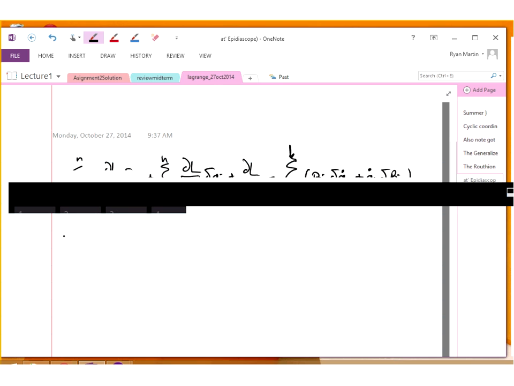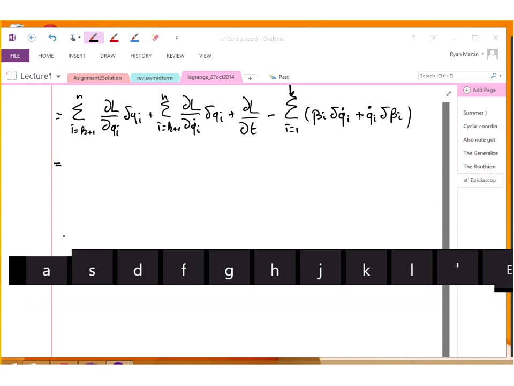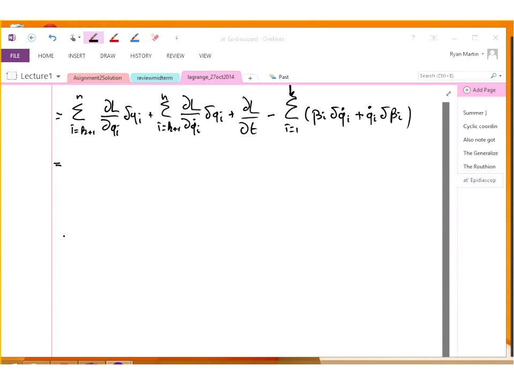So writing this all out, the first terms are all the same. I guess I'll write them down again.